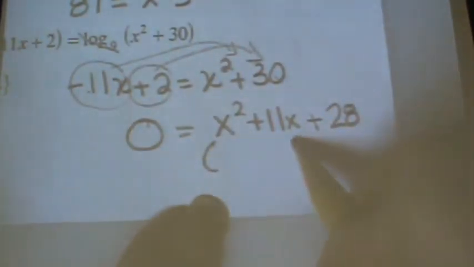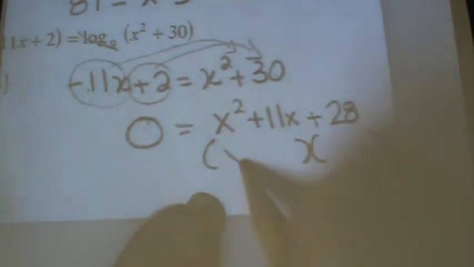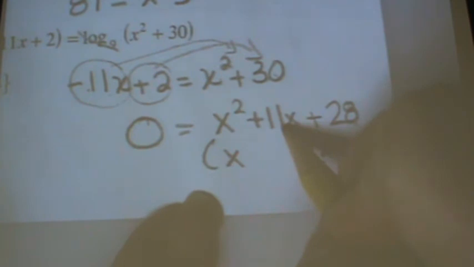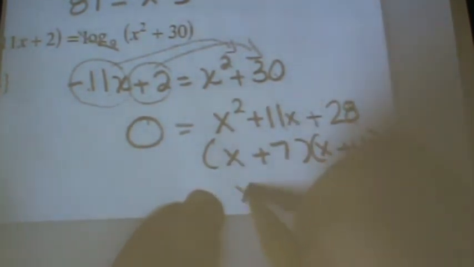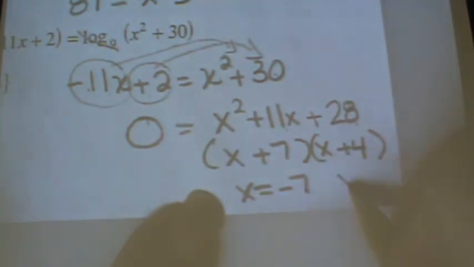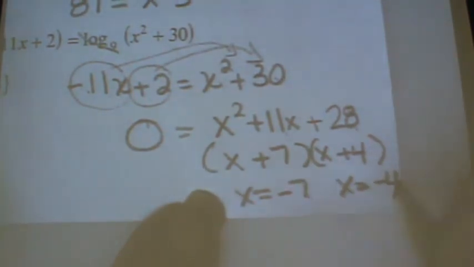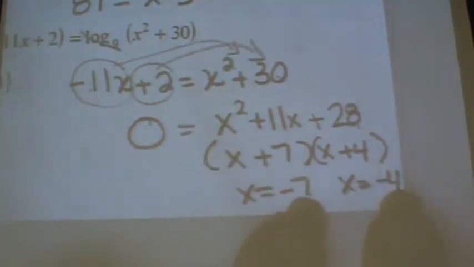So if I were to factor this trinomial, what two numbers multiply to give you 28 but add to 11? 7 and 4. So my two answers are -7 and -4. And they both work.